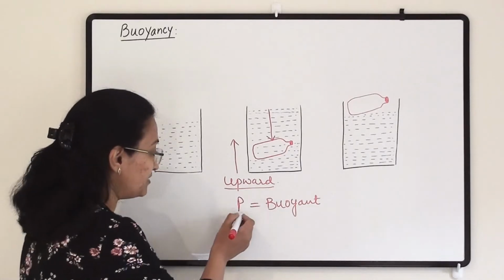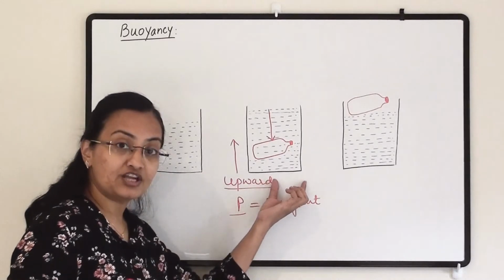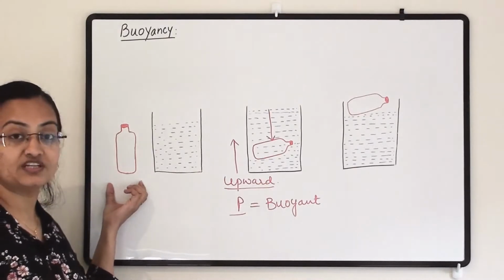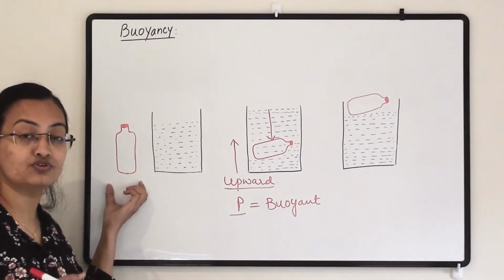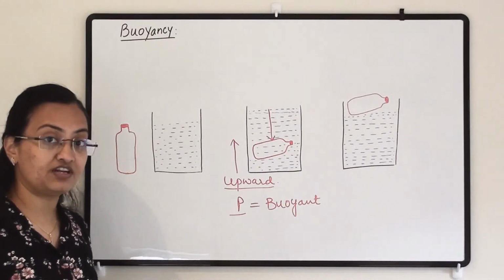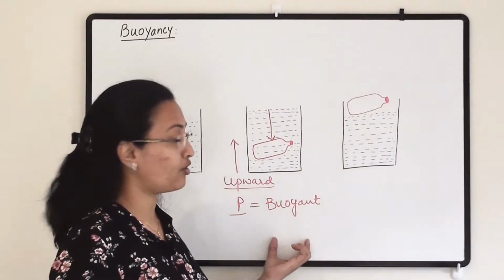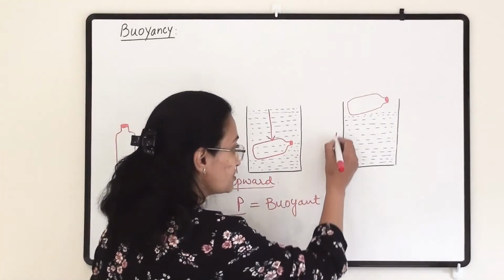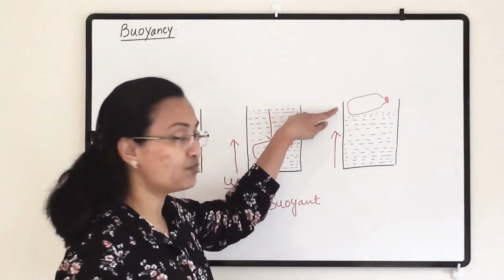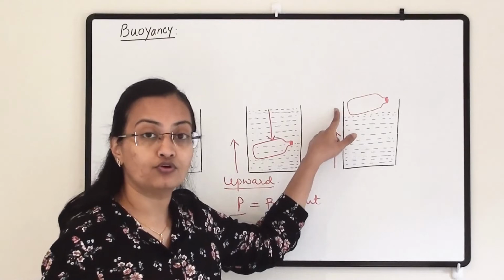As soon as I release the pressure, the buoyant force will overcome the gravitational force and the weight of the object, because the weight of this object is very light. Even though gravitational force acts on it, the buoyant force will overcome that weight, and because of that fluid pressure acting upward, this bottle will come out and float on the surface of the water.